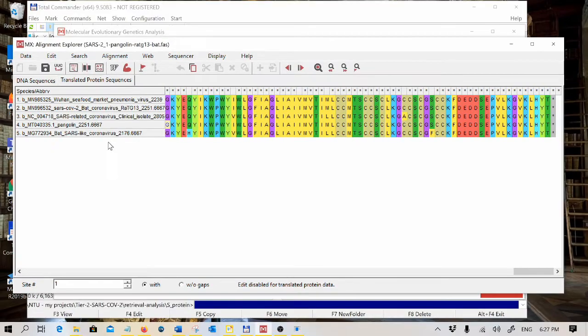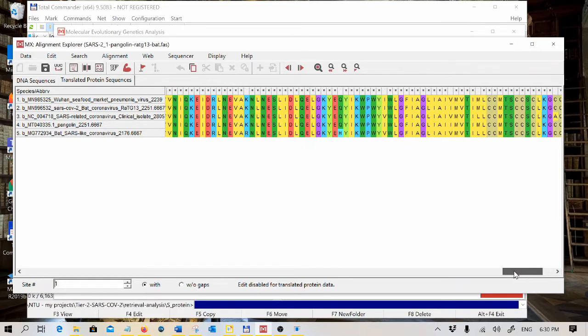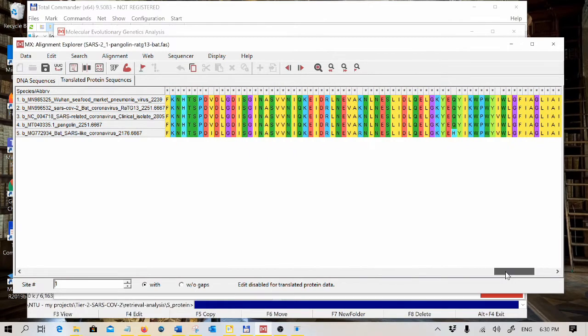So now let's take a look. Okay, we see here pretty strong conservation of all the positions in the protein amino acid sequence. Sporadically here and there we see mutations, 1 or 2, but most of the time the sequences are quite conserved.